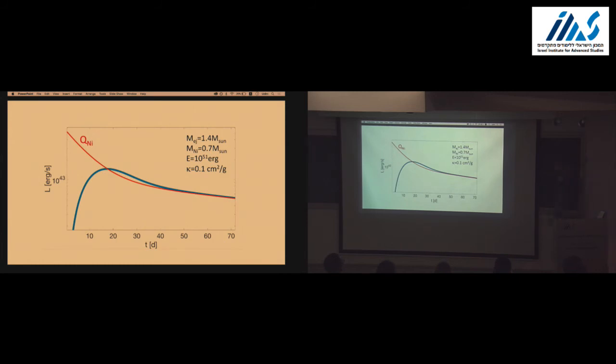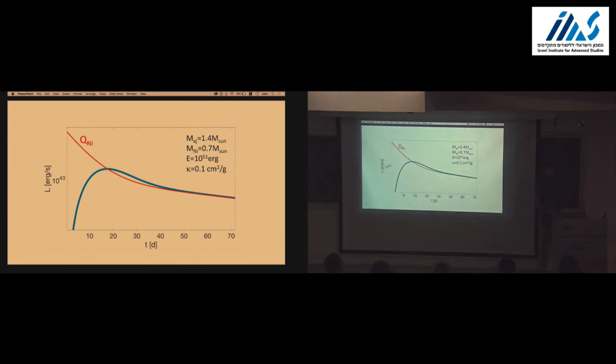Five minutes with your favorite software, and this is what you get. This is what you get for a mass of 1.4 solar masses, 0.7 solar mass of nickel, 10^51 erg of explosion, and kappa is 0.1. Okay. Now you see that the time scale is 15 days, the luminosity 10^43 ergs.